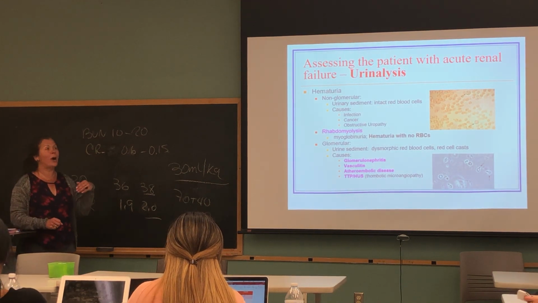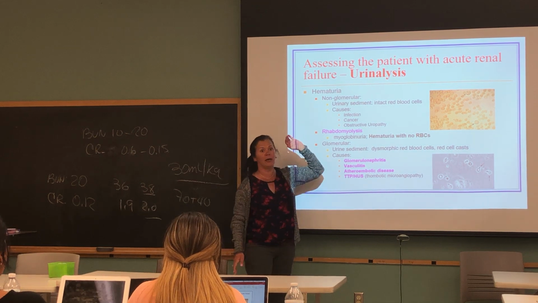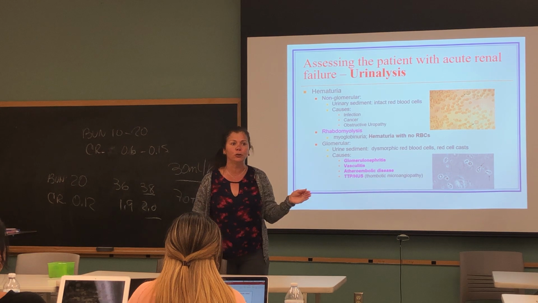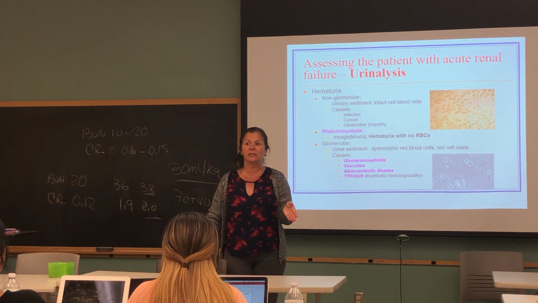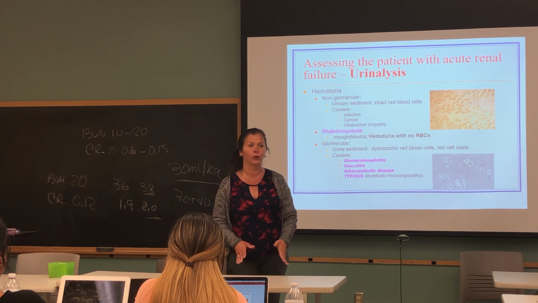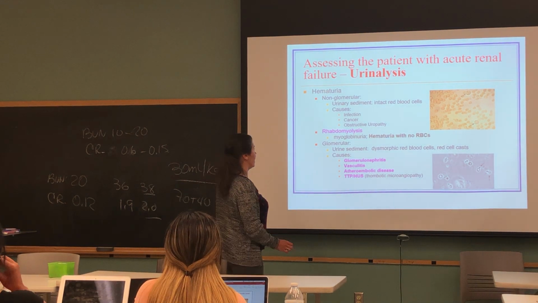Okay? So what else can you see in the urinalysis? Well, if you see hematuria, remember that hematuria could be just a simple UTI, could be just a simple calculi passing through the ureter, damaging the ureter, therefore the patient has hematuria, but it could be major complications such as glomerulonephritis or nephrotic syndrome, right?